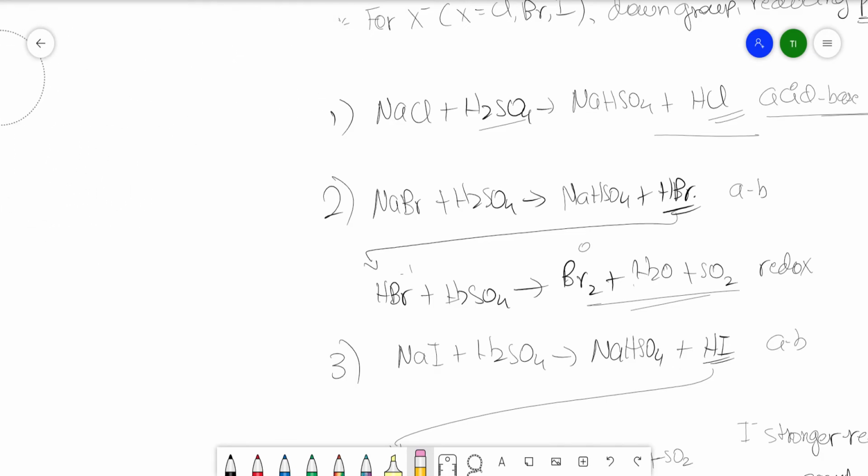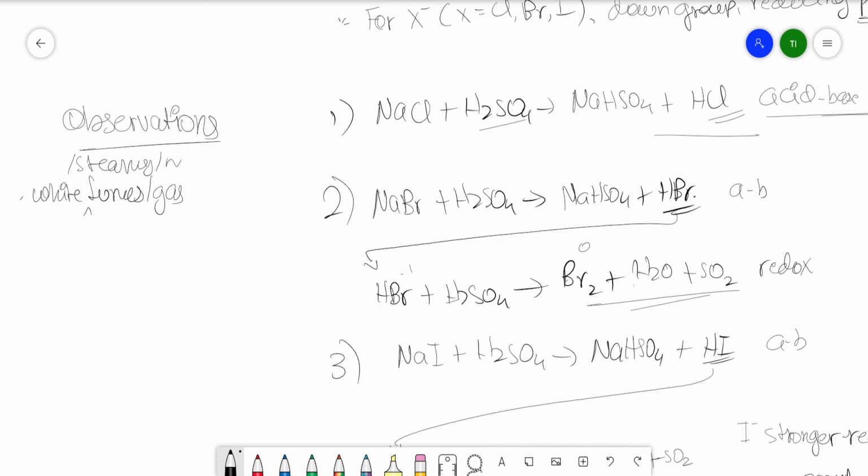Erase that and erase that. So for observations, for HCl, it is white fumes or gas, or you could also go for steamy, misty fumes, right?